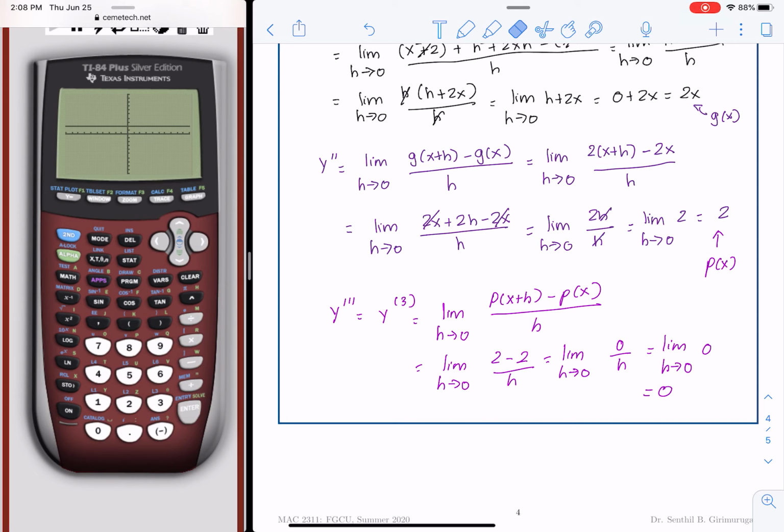Indeed, it is. So this is y equals 0, and y equals 0 is a line passing through the x-axis. It is the x-axis. By definition, if you draw a line through the x-axis, it still is a horizontal line. So the third derivative is also a function.